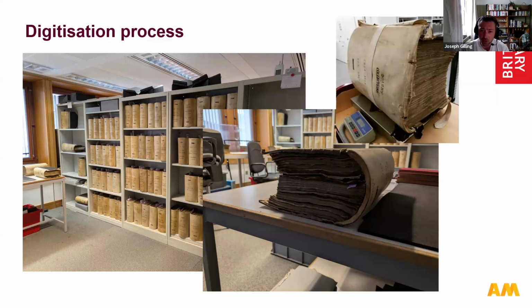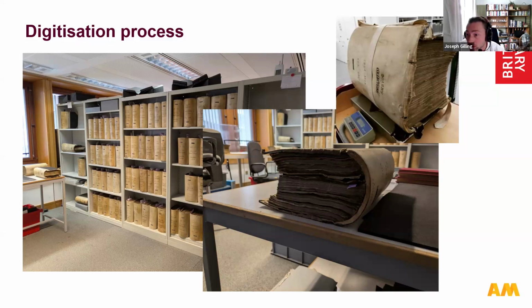And in order to ensure that there is no gap in production and that this keeps moving, we have to keep feeding those scanners with items that are ready to go. This means that on the BL side, we have to build up a reservoir of content that's ready to go straight onto the scanners, meaning that we have to work well in advance, well ahead of schedule, very closely with partners at AM to ensure that items are ready to go into the studio and ready to be captured.